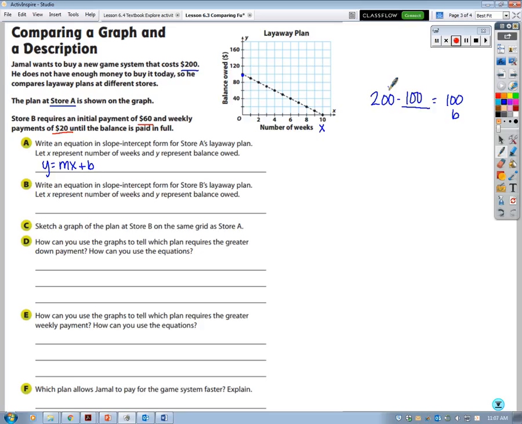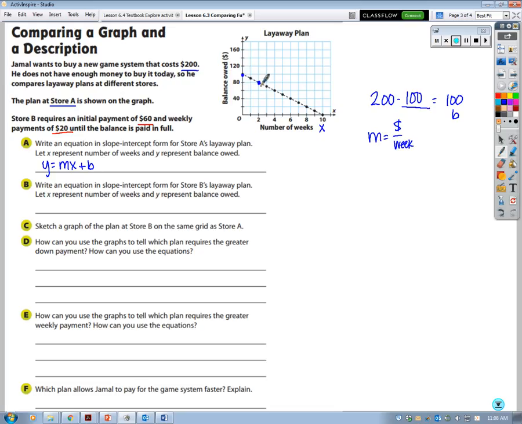Okay, now we're going to find our rate of change, which is our payments per week, right? So money per week, or of course change in y over change in x. So I'm going to travel down to this nice clear intersection. I could use this one, but it's in the middle, and I'd rather pick one that's at a clear point of an x and a y value.